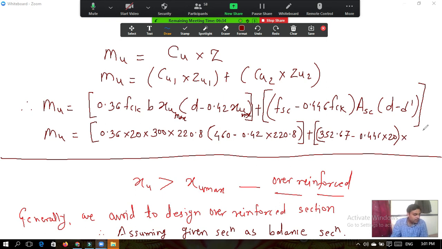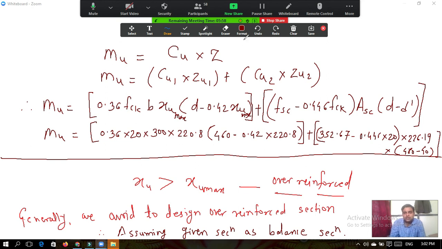What was the area of steel? What was the value of ASC? How many bars were there in the compression zone? We calculated ASC at the beginning as 226.19, into D minus D dash. So D is 460 minus D dash, which is again 40.